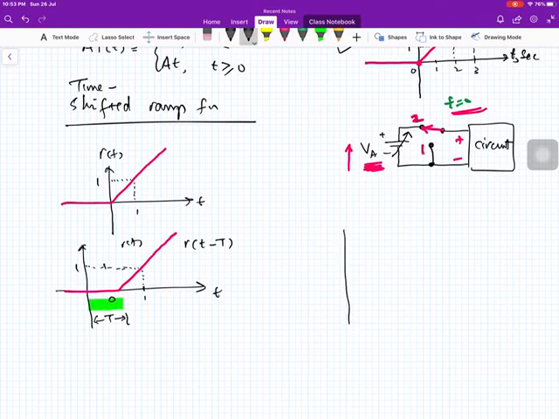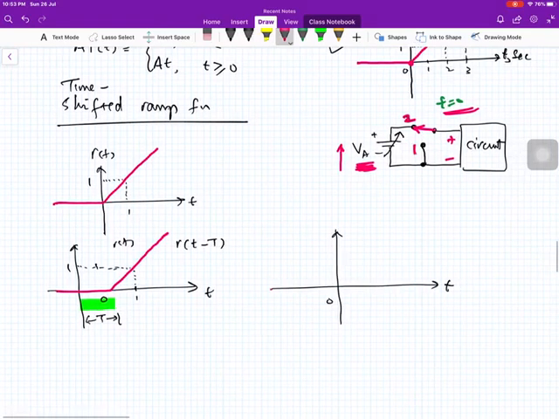Similarly, we have a unit ramp signal over here, and say this is minus 1 and this is 1 on the time axis in seconds.